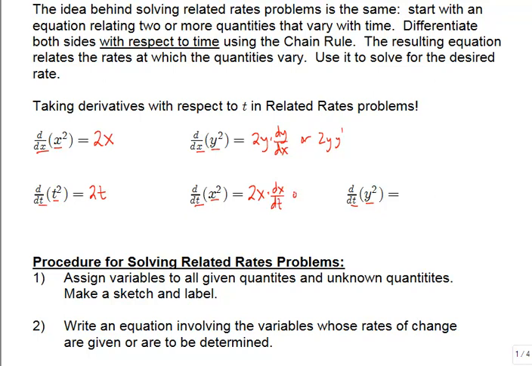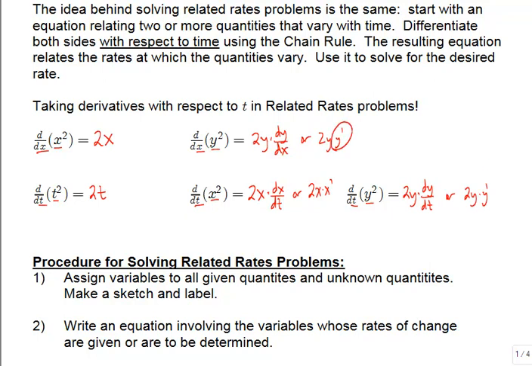Now, sometimes we get a little bit lazy, if you will, and we just write it 2x times x prime. And you just want to make sure that you recognize that this time the x prime is dx/dt. It's with respect to time. Similarly, if I wanted the derivative of y squared with respect to t, the normal derivative is 2y, and we would multiply that by dy/dt because of that chain rule, or you could just write 2y y prime.